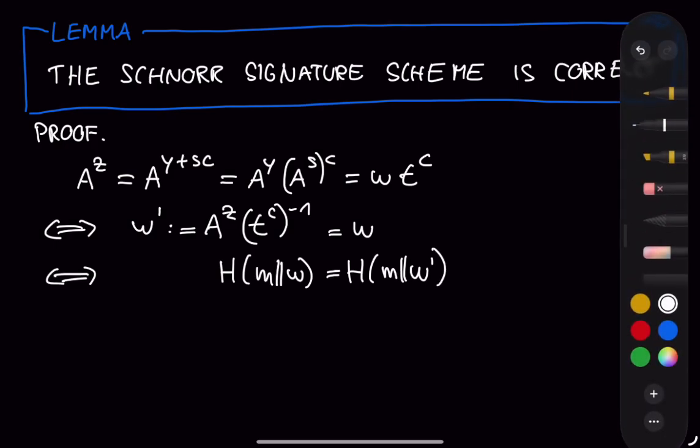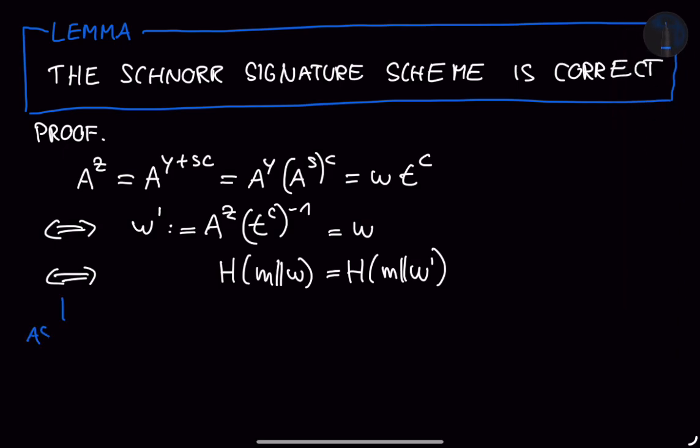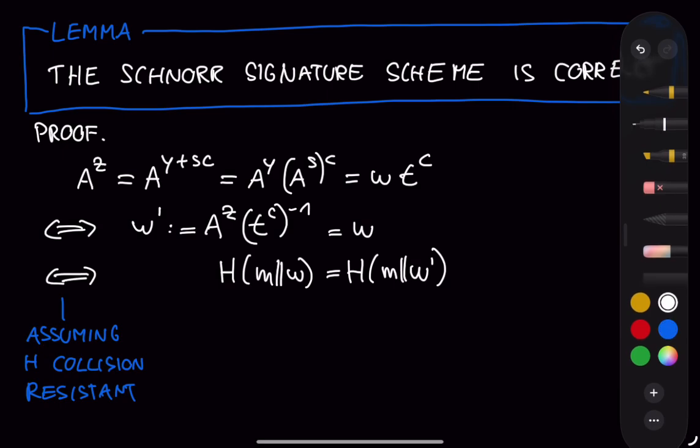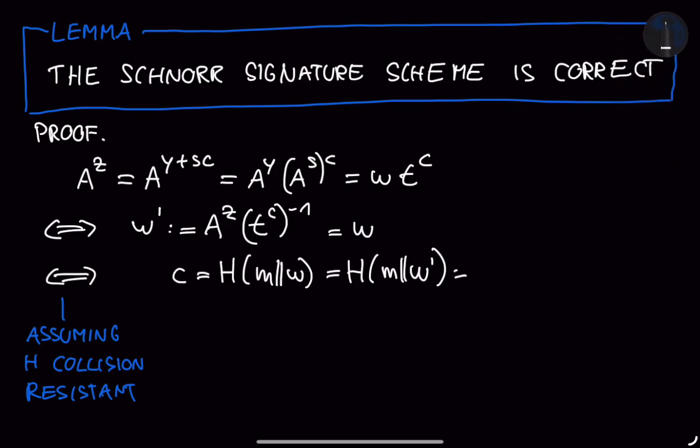And of course this works under the assumption that H is collision resistant. So this is C and this is C prime. So C is equal to C prime. So finally, the check is correct.